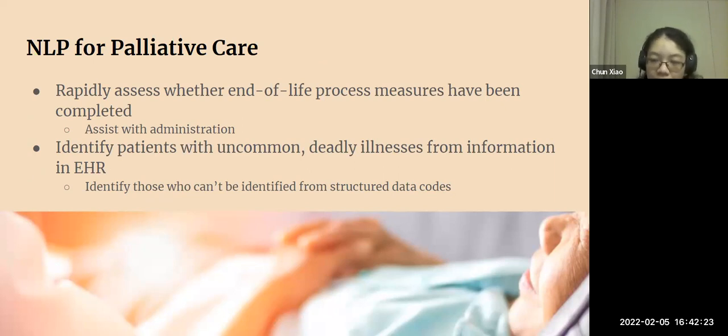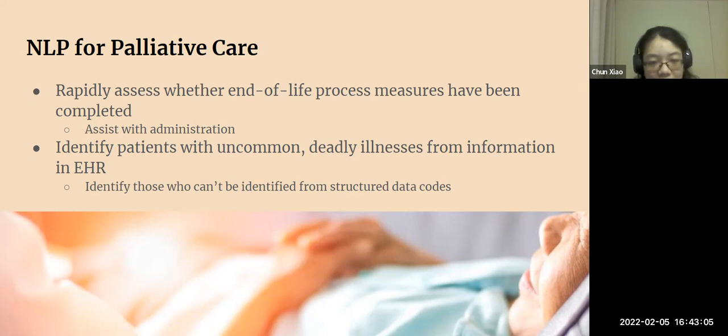If someone is approaching the end of life, then a natural language processing program can look at their electronic health record and see if they've had the conversation about goals of end-of-life care with a physician, if they have had certain surgeries, and whether or not they have discussed the goals of care with their family. So this can assist with the administration of those in palliative care, and as I mentioned previously, it can smoothen out the workflow for physicians and make it easier for people to transition into palliative care.